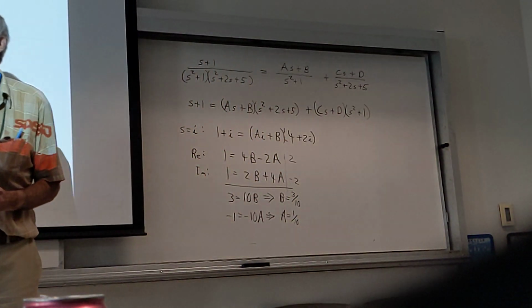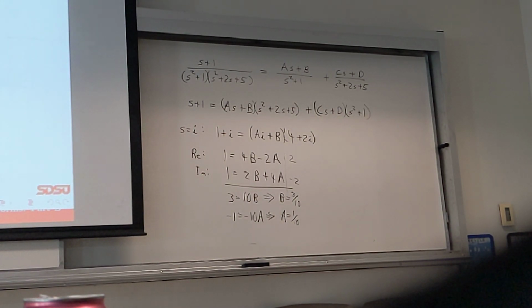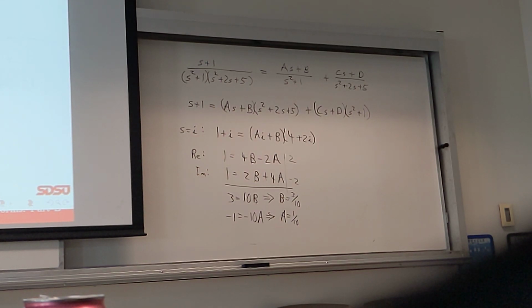So you can see by just one substitution, I nailed 2 coefficients. It doesn't always work that way. Well, I mean, it always works that way, it's just that sometimes the algebra is harder. I think everybody should agree that algebra was pretty easy to do.